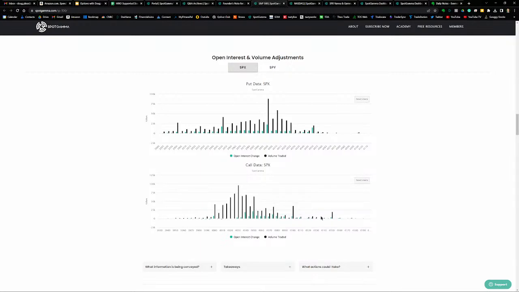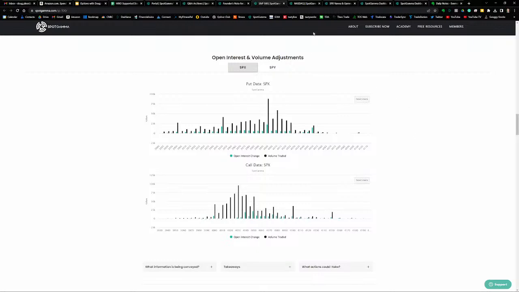That increase in the size of that bar was primarily due to the increase in gamma. And that is expiring tomorrow. So gamma is greatest at the money at expiration.